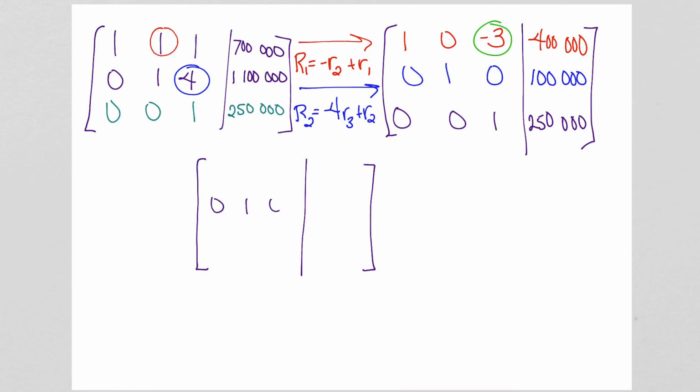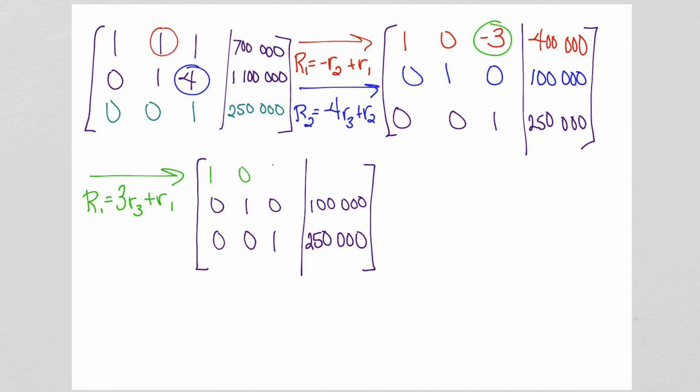So the second row is done. The third row is done. So for the top row, to get a 0, multiply row 3 by 3 and add it to row 1. So that we get 1, 0, 0, 350,000.